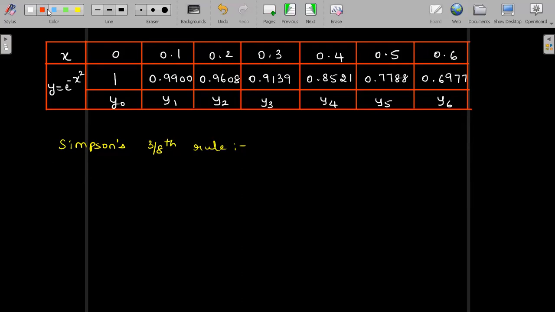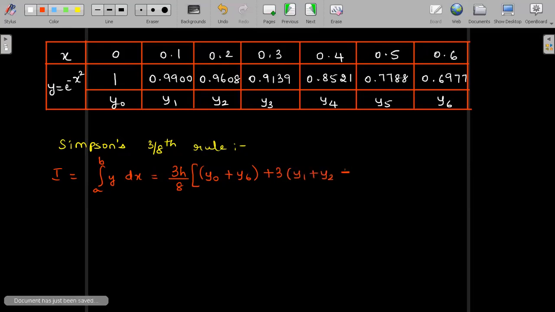So the formula is given by I is equal to integral a to b y dx is equal to 3h divided by 8 multiplied by y0 plus y6, first term plus last term, plus 3 times of y1, y2, y4, y5 plus 2 times of y3 only.